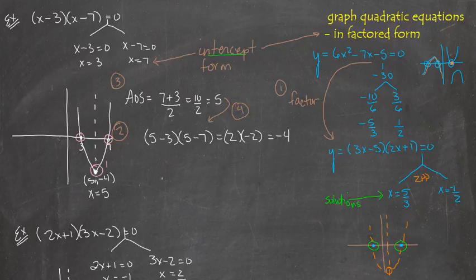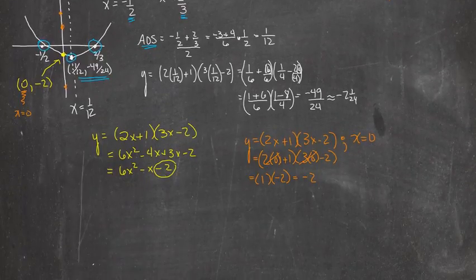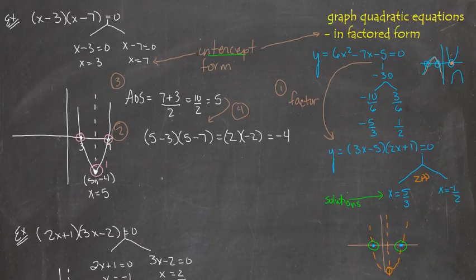And if you need to find the y-intercept, then you would have to use one or the other of these two methods. I thought I was going to be done, but I think it would be useful to find our y-intercept for this graph. Let's start with our original, x minus 3 times x minus 7.